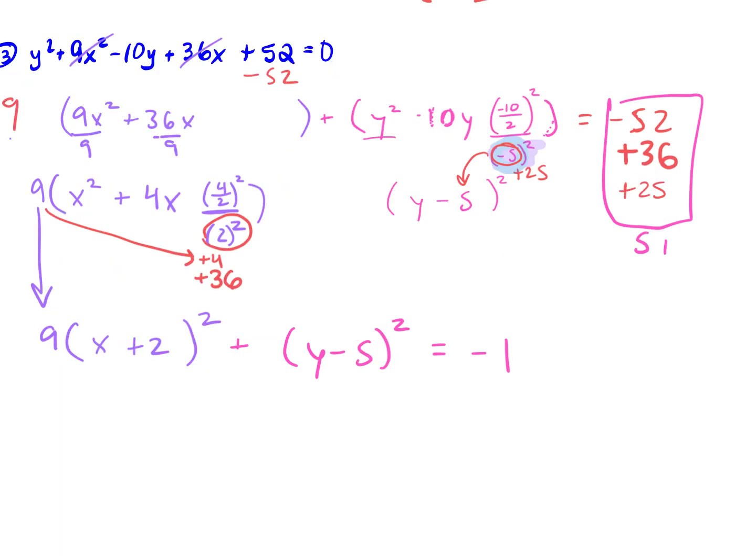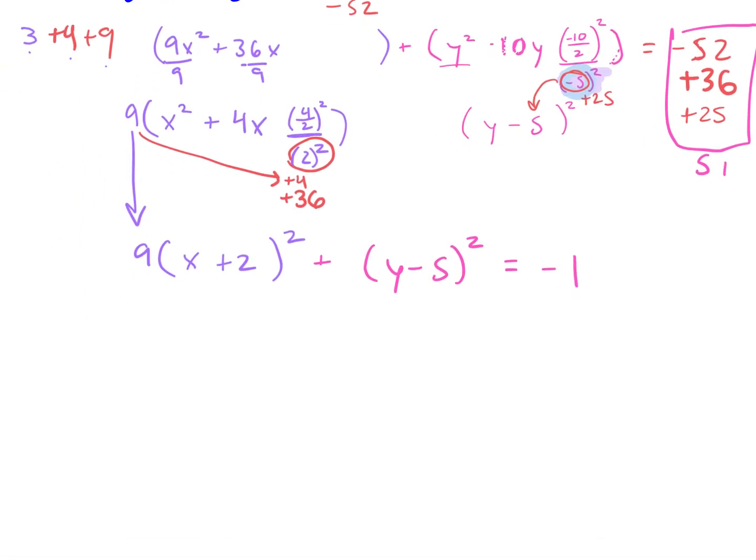How can I get this to be equal to 1, not -1? You divide by a negative. So we're going to divide everything by -1.